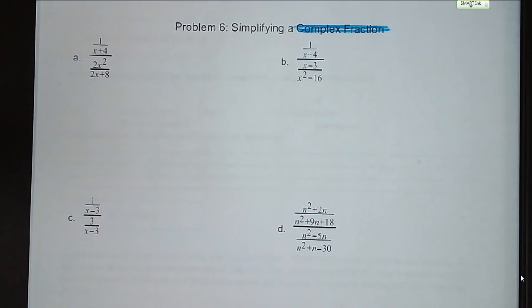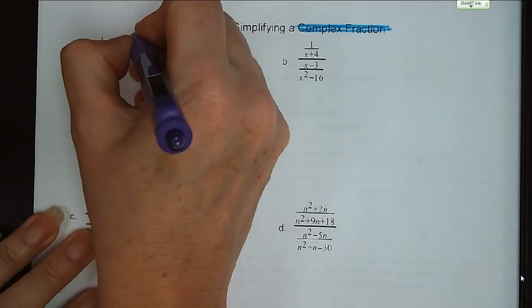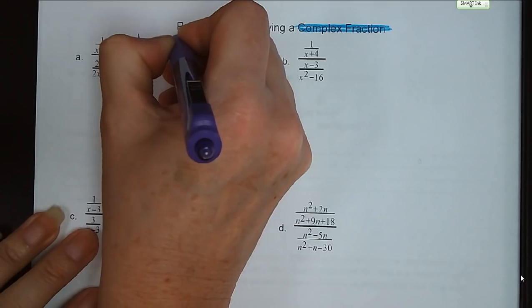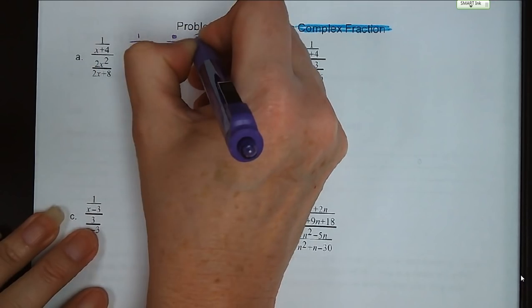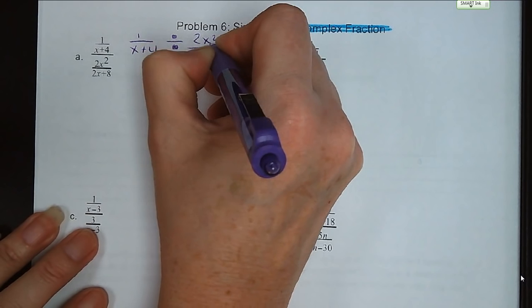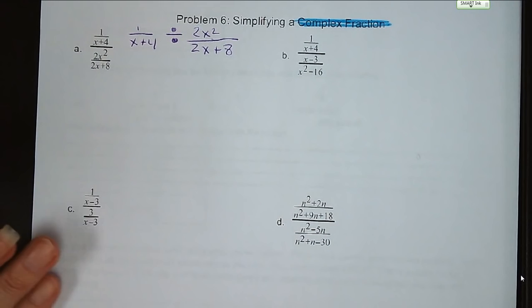1 over x plus 4 over 2x squared over 2x plus 8. I'm going to write this a little bit different so my brain understands what's going on here. Because once it looks like that, then it's the other problem.